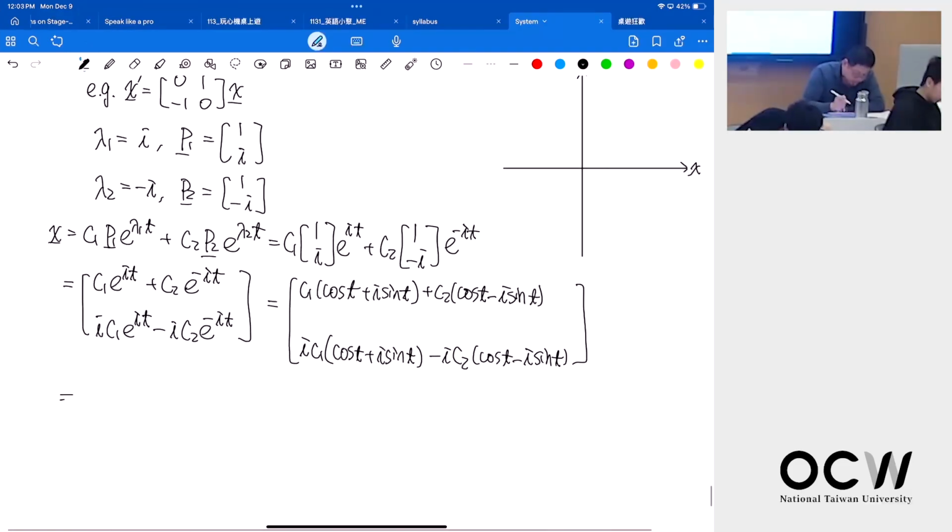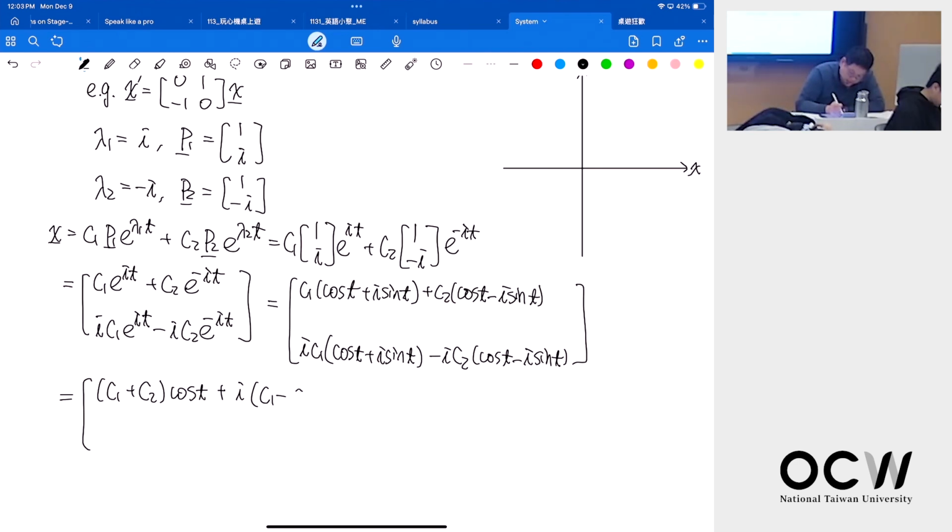Rearrange this. So for the first row, C1 times cosine t, C2 times cosine t, so it will be C1 plus C2 times cosine t. And here C1 minus C2 times i sine t.